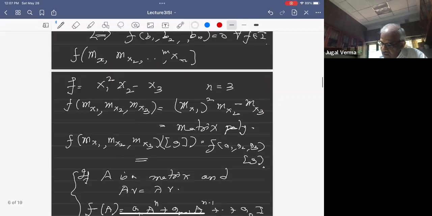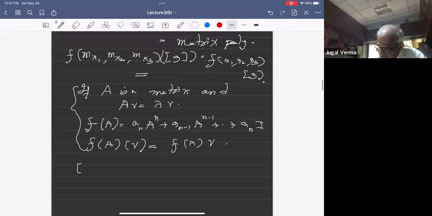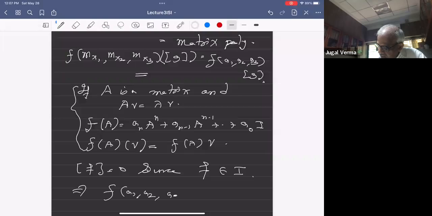But you see, the residue class of f is 0, since f belongs to I. So that says f(a1, a2, ..., an) is also 0.